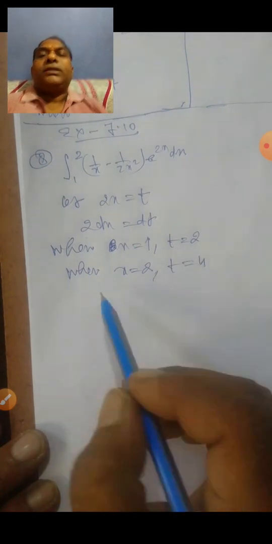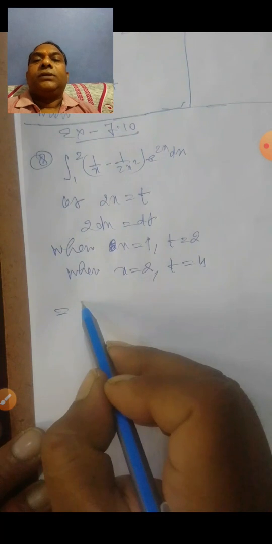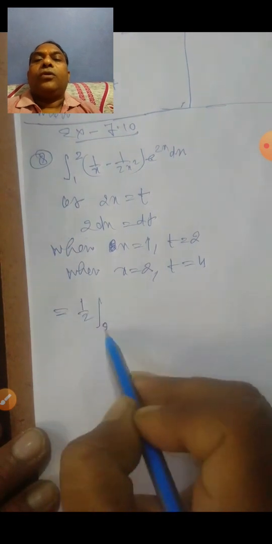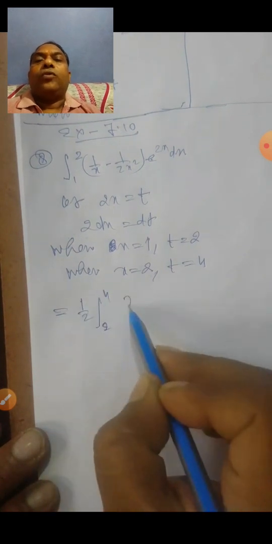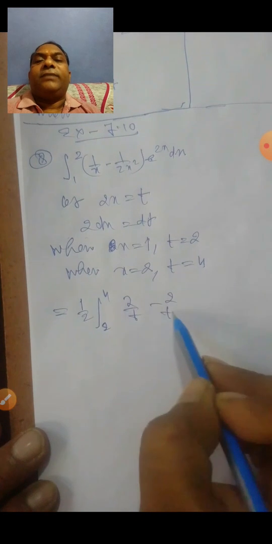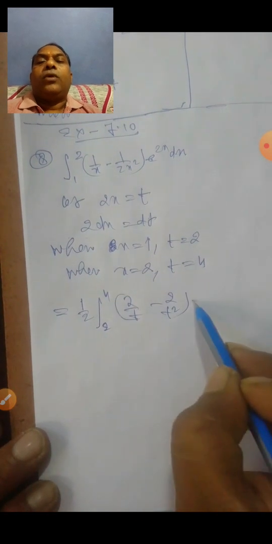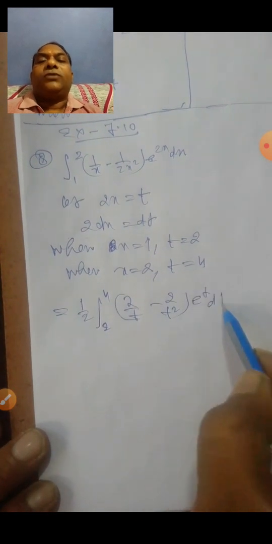So this will be equal to integration 2 to 4, because dx will be half dt, 2 by t minus 2 by t square, e to the power t dt.